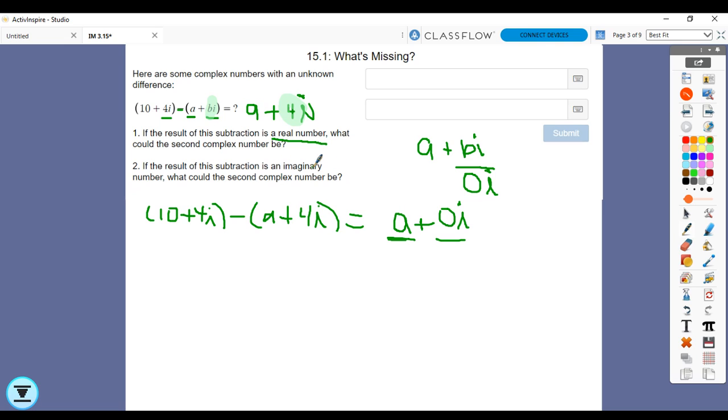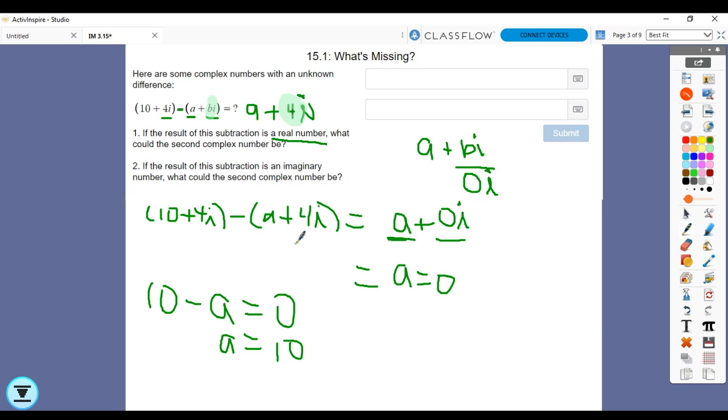And then for this part, what would the result be to make it an imaginary number? So if you want it to be an imaginary number, that means the real part has to equal 0. And so 10 minus a has to be 0. So it just means a has to be 10. And remember, the b can be anything.